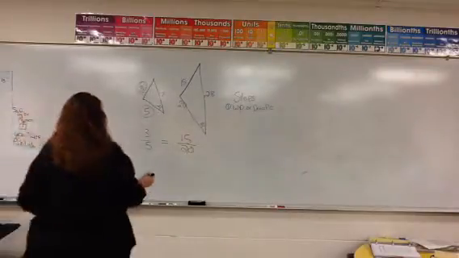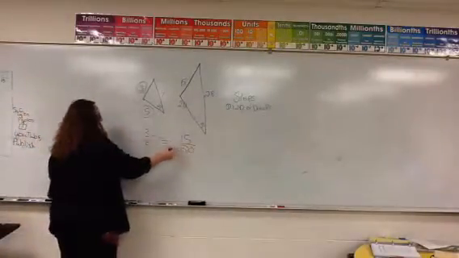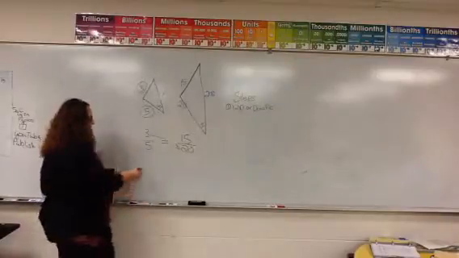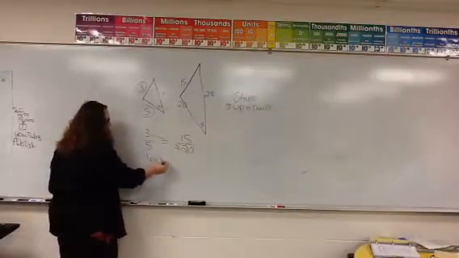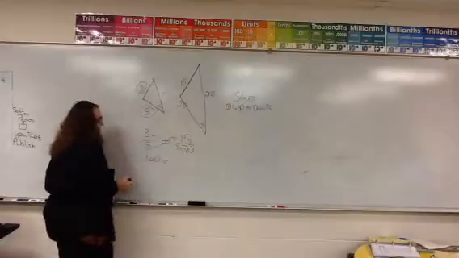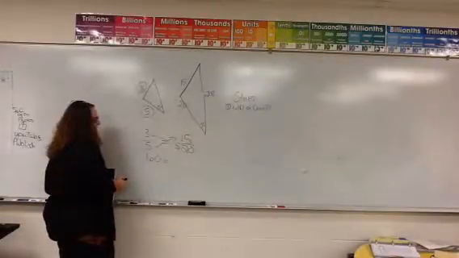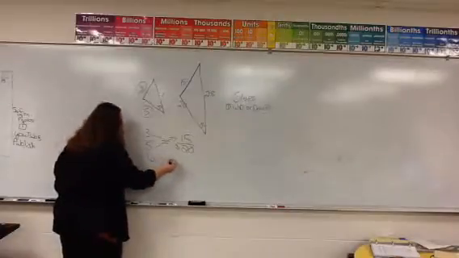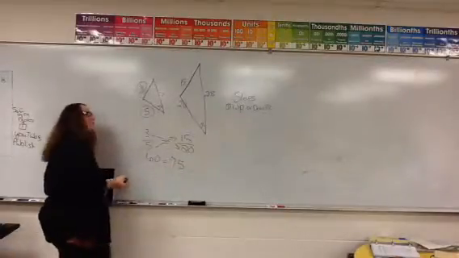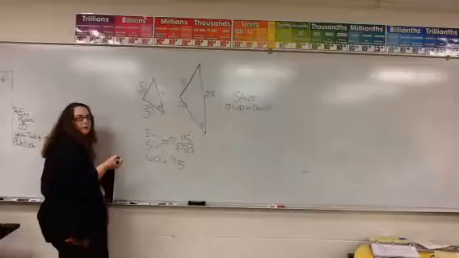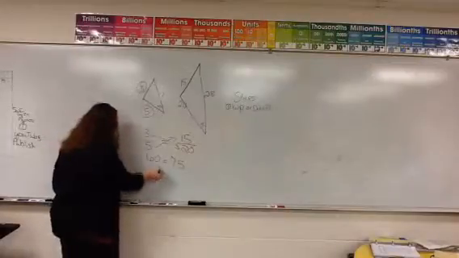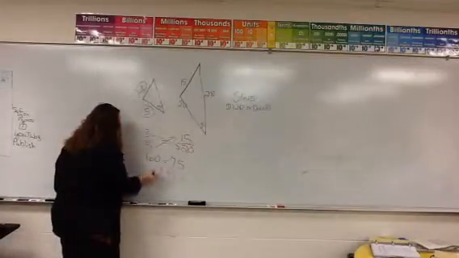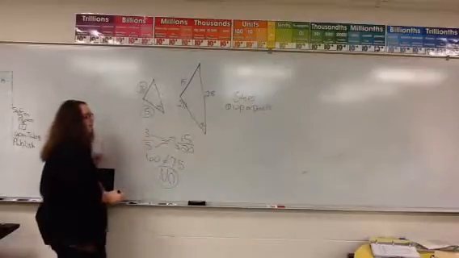So what do you get when you multiply 3 times 20? 60. What do you get when you multiply 5 times 15? 75. Are these 2 triangles similar? No, not similar. They are not equal.